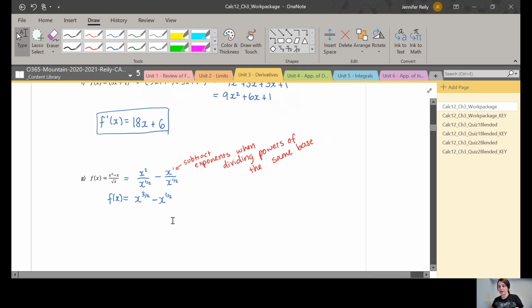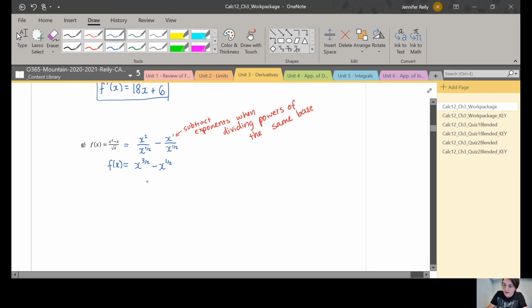And now I can just use the power rule to find the derivative. So f prime of x is, okay, so for the 3/2, we bring the 3 over 2 down, and we reduce the power by 1. So 3 over 2 minus 1 is 1/2. And the x to the power of 1/2, we bring that down, and we reduce the power by 1.